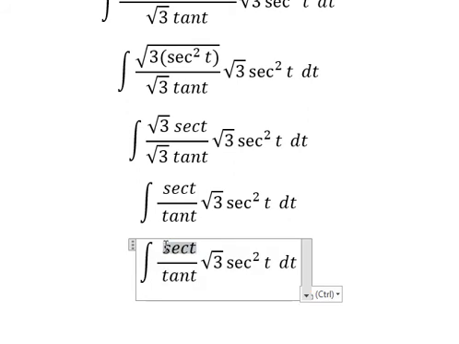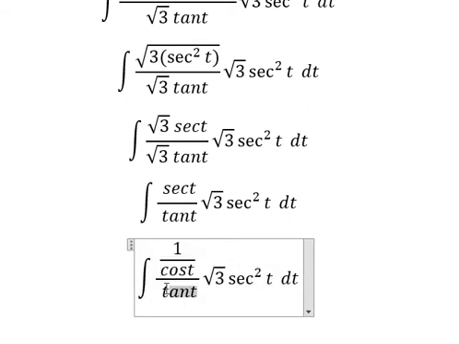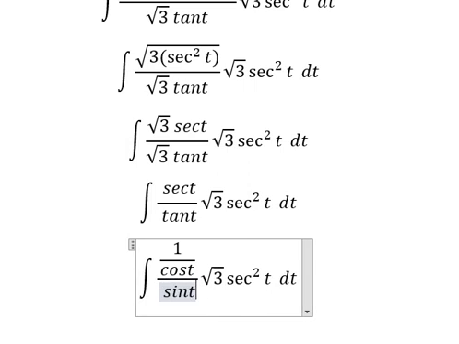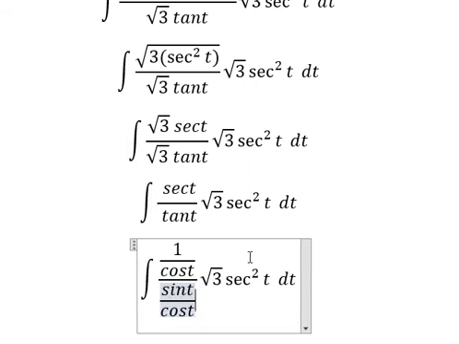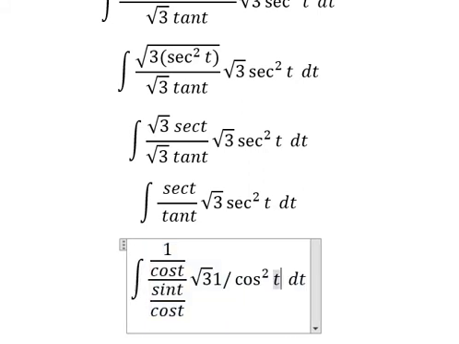Secant of t, we change to 1 over cosine t, and this one we change to sine t over cosine t. This one we change to 1 over cosine squared t.